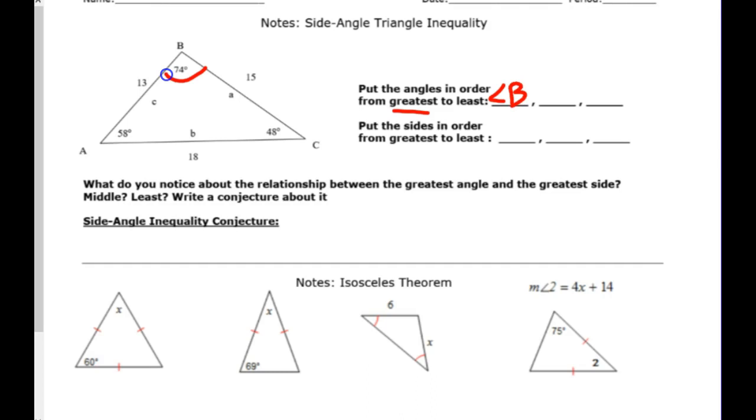We're not putting 74. Then our next greatest, our middle one, is going to be 58 degrees. So that's angle A. And then our least angle, 48, which is angle C.